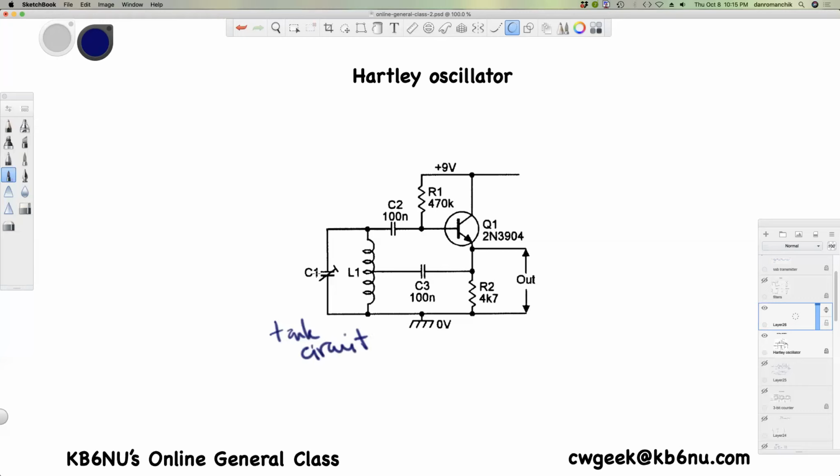The L and C values determine what frequency, acting kind of like a filter, right? It has a resonant frequency, and only lets a signal of that frequency get back into the amplifier. And that feedback loop is what produces an output at a specific frequency.